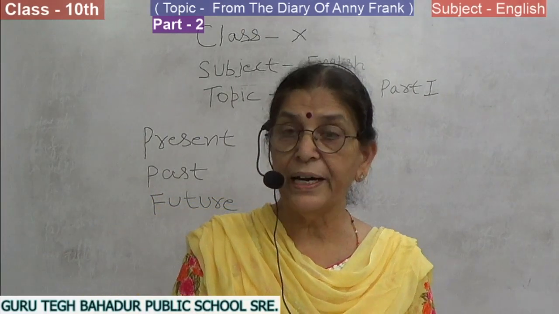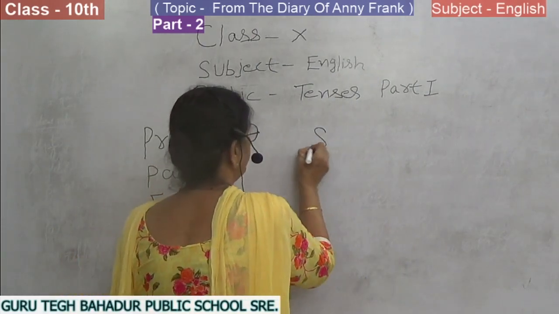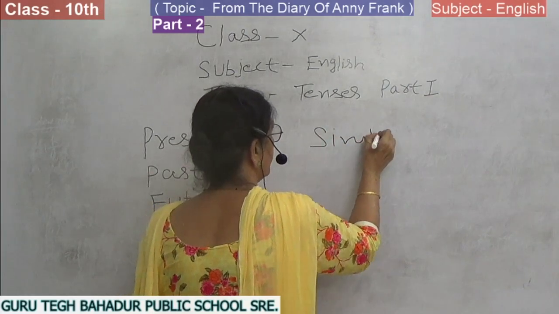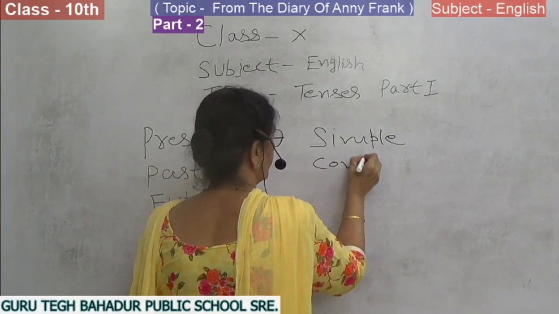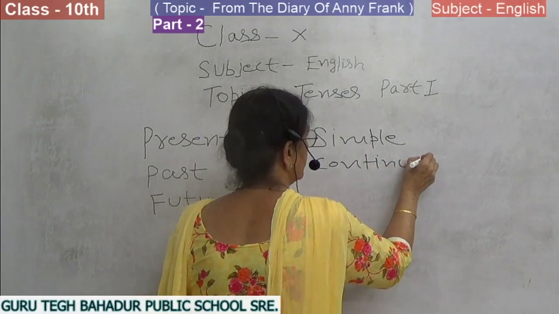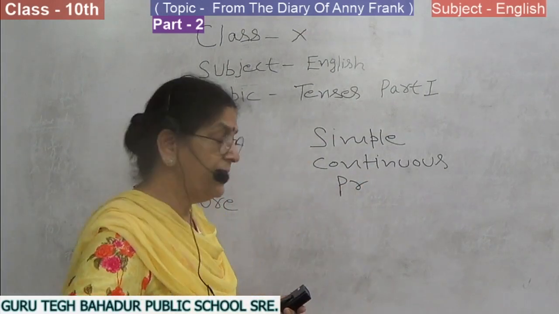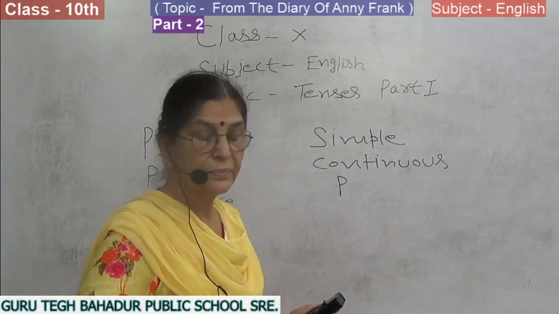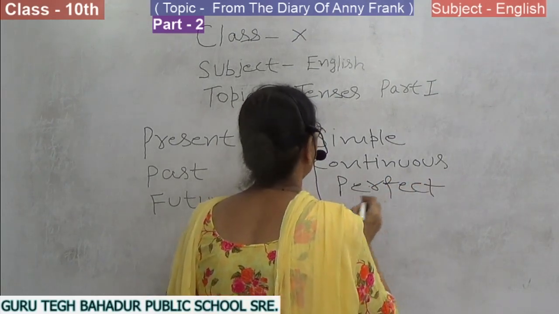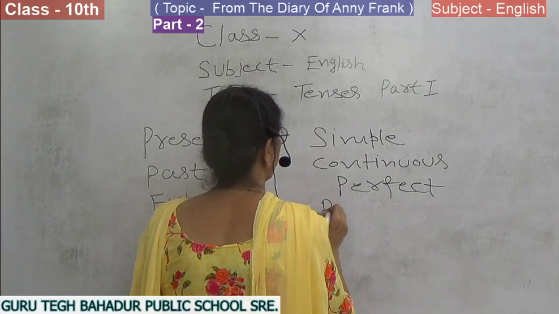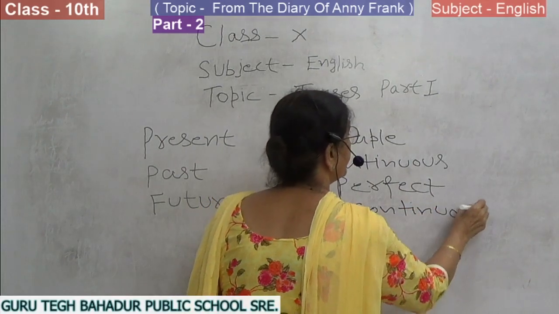To each tense, there are four forms: number 1, indefinite, you can call it simple; number 2, continuous; number 3, perfect; and number 4, perfect continuous tense.